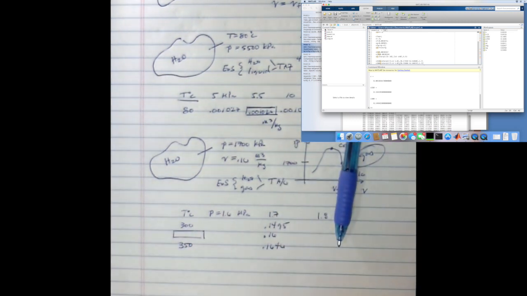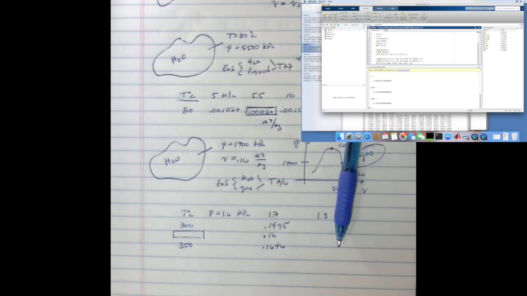So T is going to be an interpolation between V300 and V350, values of 300 and 350. And lastly, our value that we're interested in is 0.16.